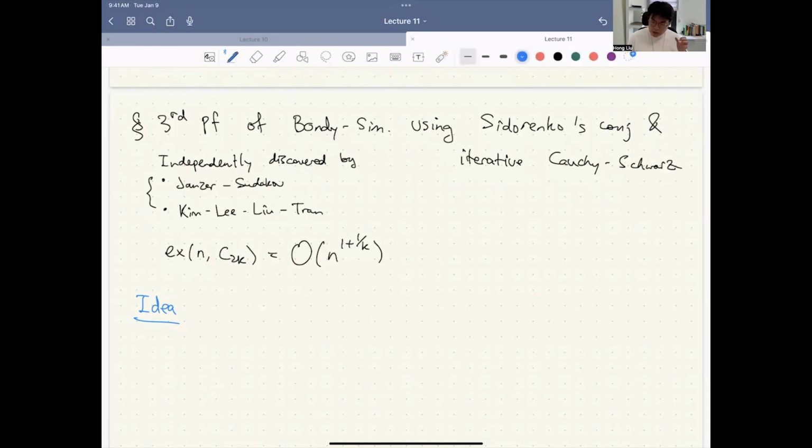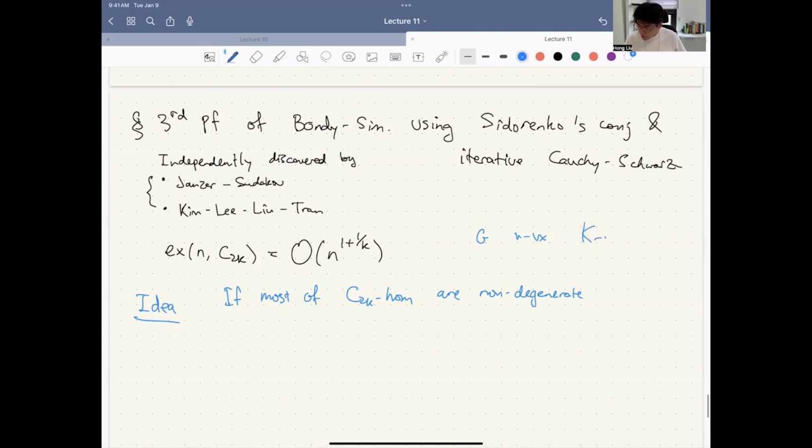So the idea is if most of the C_{2k} homomorphisms are non-degenerate, then we are done. Any non-degenerate injective homomorphism is an actual copy of C_{2k}. So we start with the graph, n vertices, and also K-almost regular using the regularization trick.